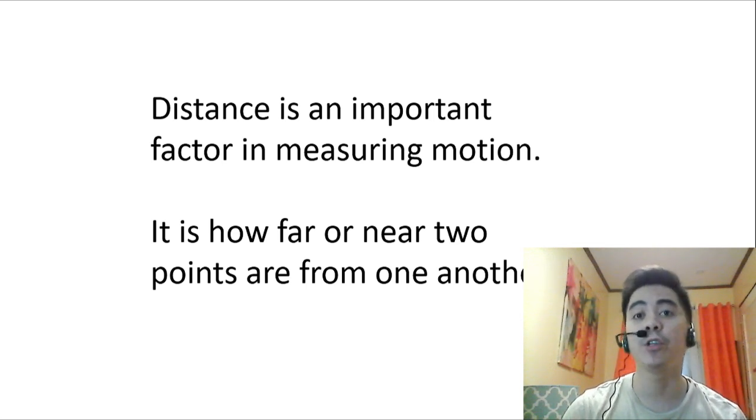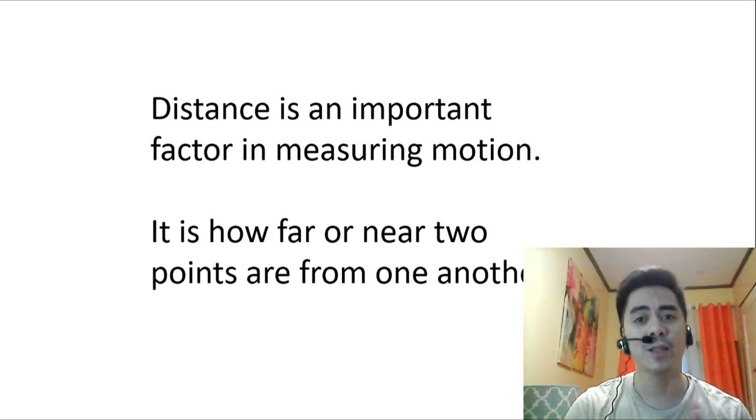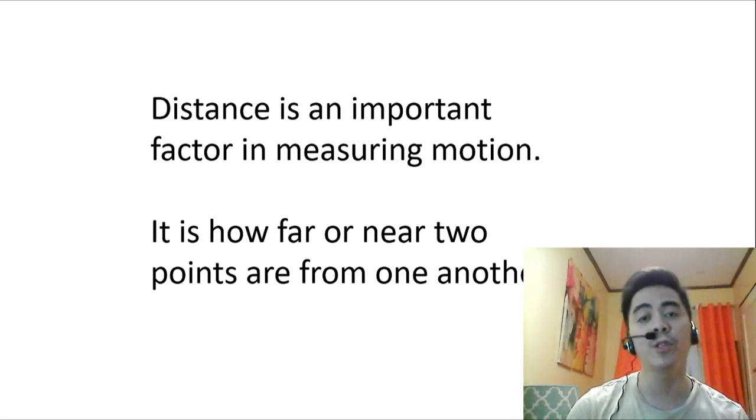Distance can be measured using different alternative ways, such as through time, body parts, or landmarks. But it is inaccurate. For example, going to school takes you about 5 minutes today, but tomorrow it takes about 7 minutes.